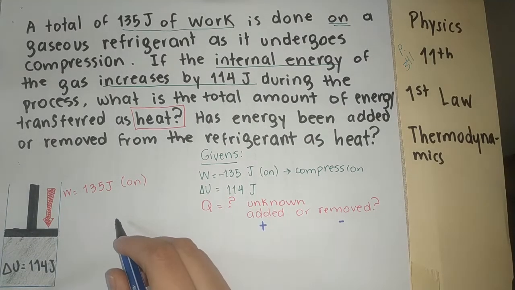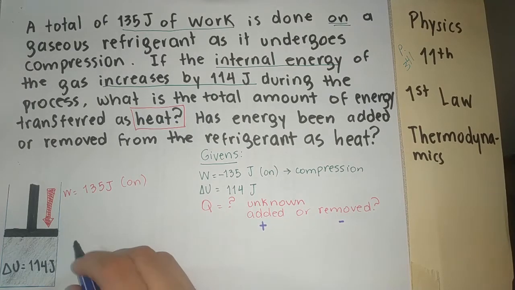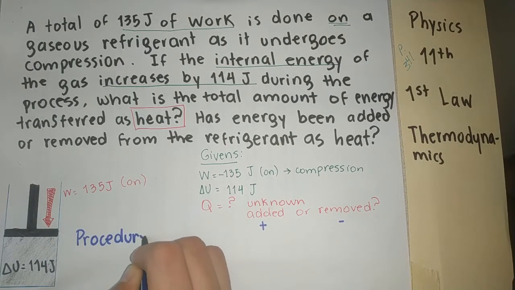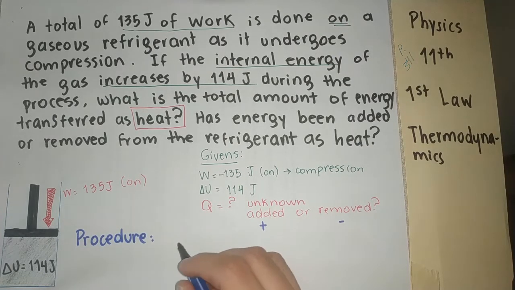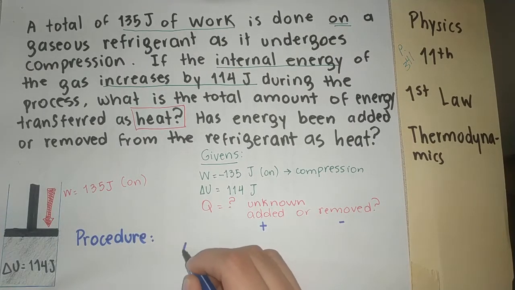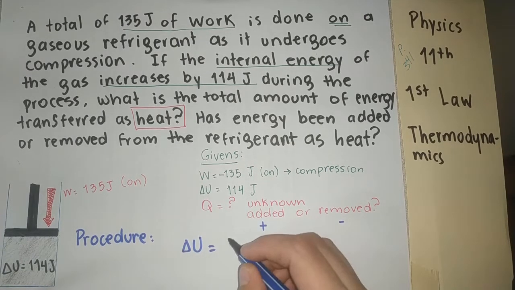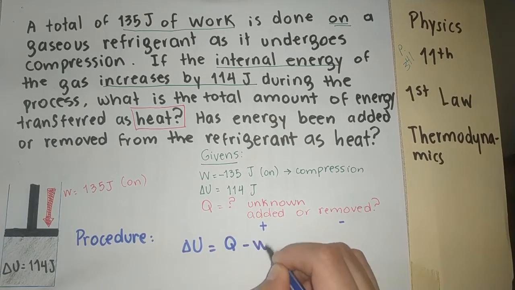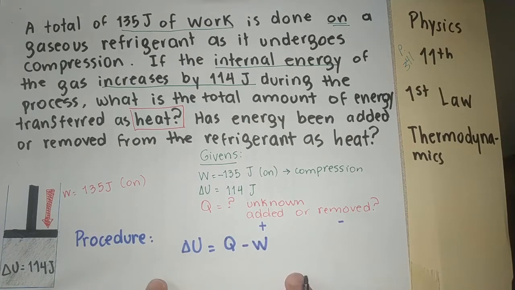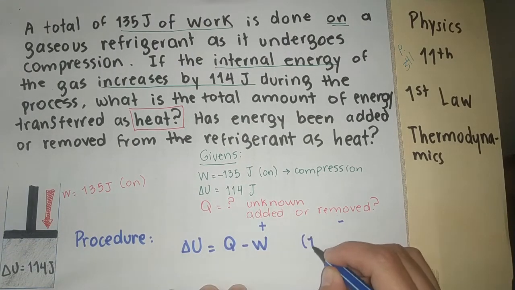The first law of thermodynamics. Now, this is the procedure. You know, the first law is delta U equals Q minus W. That is the first law of thermodynamics, okay?